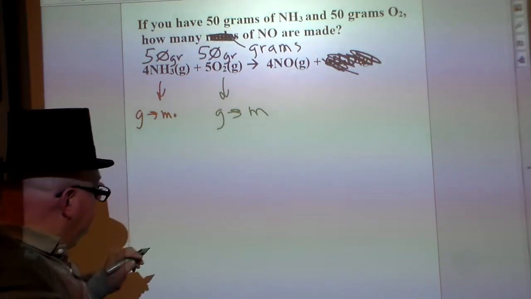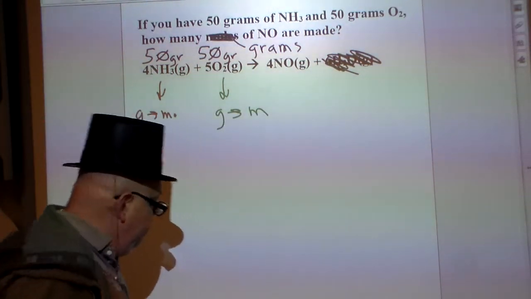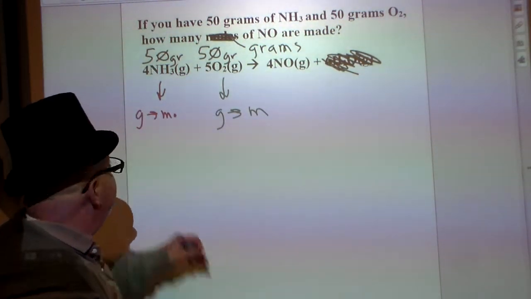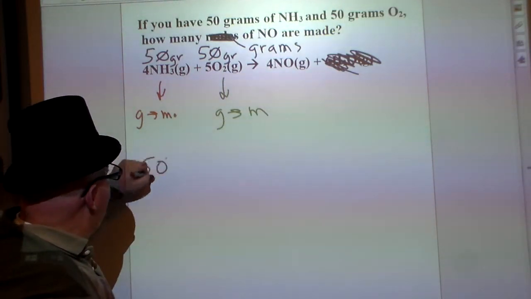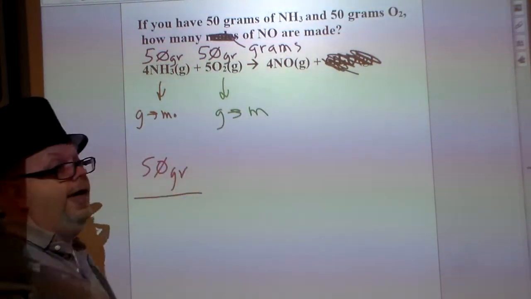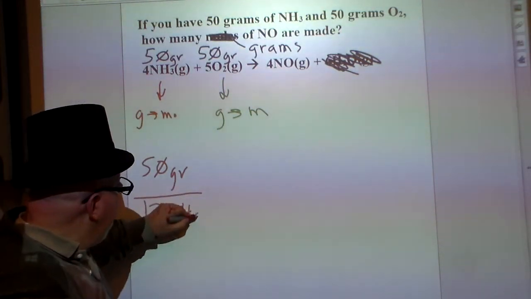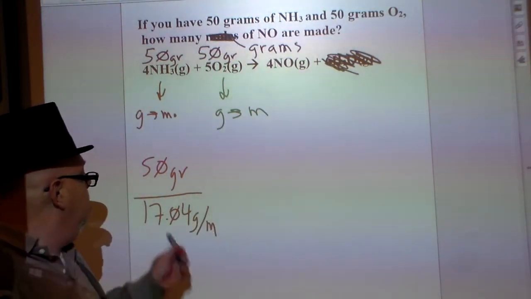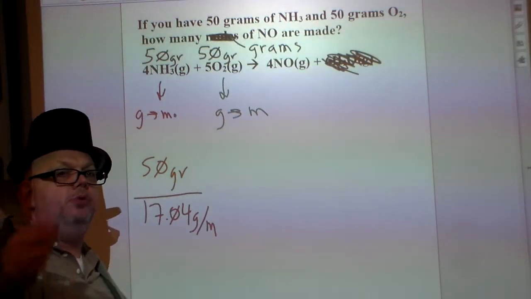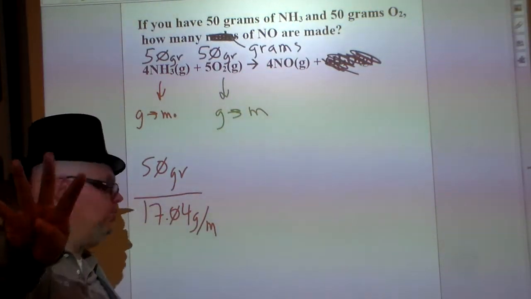Okay, so let's take a look at this here for a moment. So we already know, ladies and gentlemen, here it's going to be 50 grams divided by 17.04. Again, where did I get those numbers? Where did I come up with this? Well, remember, there's 1 nitrogen and 3 hydrogens.